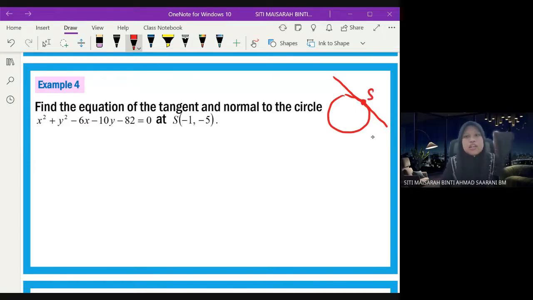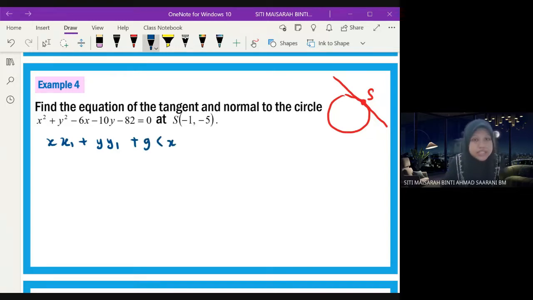Point S. So jadi, kalau ikut formula tadi tu, formula equation of tangent tu, X, X1 plus Y, Y1 plus G, X plus X1 plus F, Y tambah Y1 plus C is equal to 0.